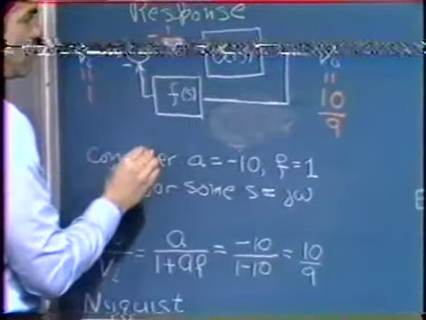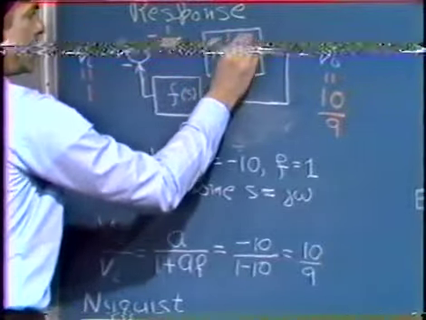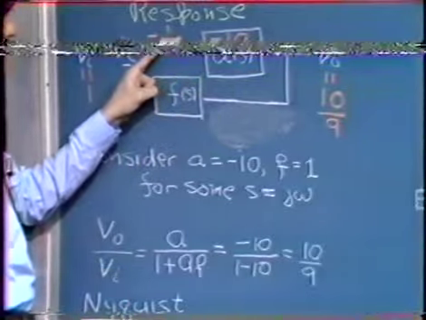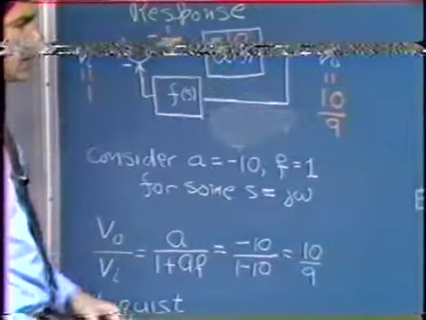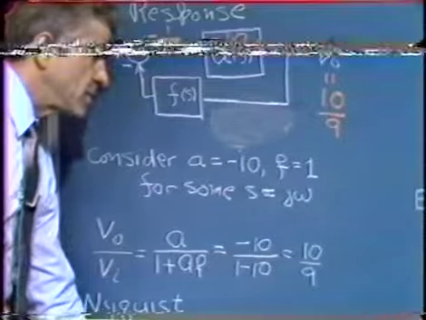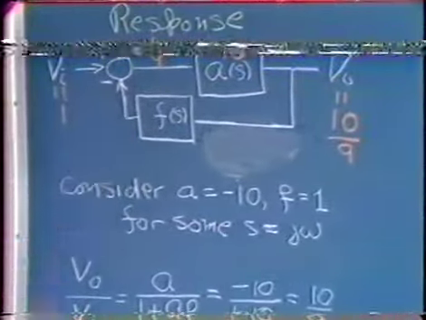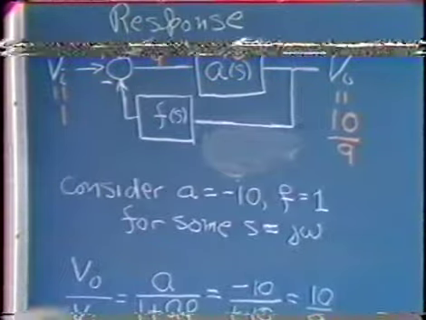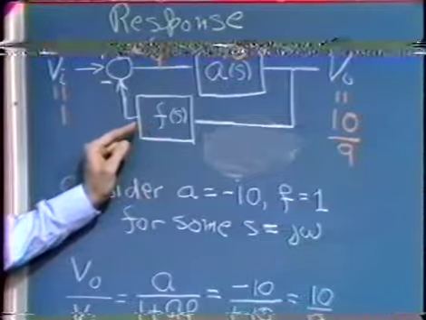But at this particular frequency, we've said that A of S is -10. And when we multiply the -1/9 signal that exists at this point by -10, we in fact get 10/9. So the arithmetic seems to be self-consistent. And so it's at least superficially possible for this system to behave in the manner that I've described. In other words, behave in a stable manner, even though at this particular frequency it has a loop transmission of +10.